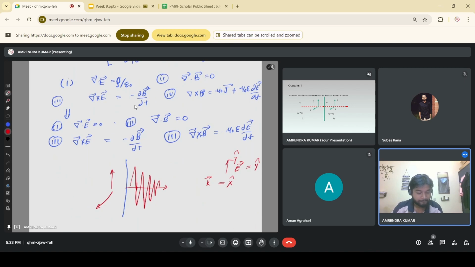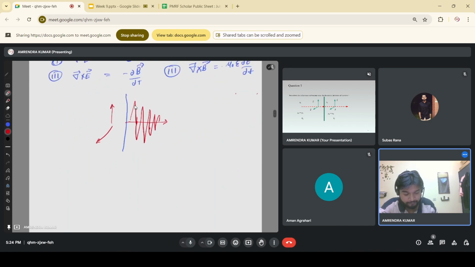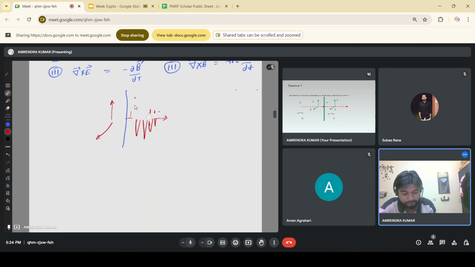Okay, so now what we have to do. Let's say this is the electric field here and here, and these are medium one and two.